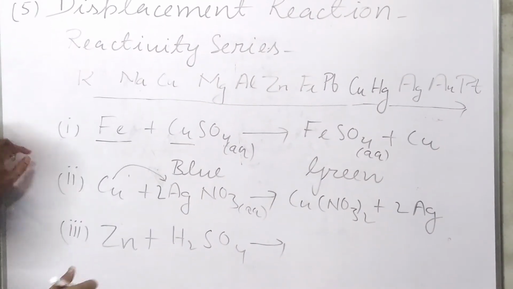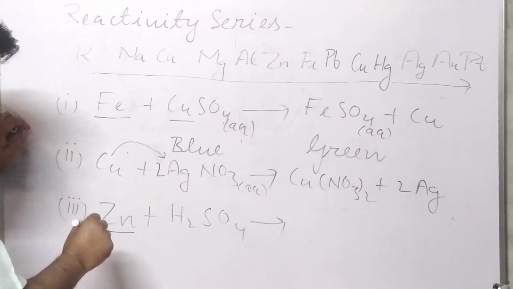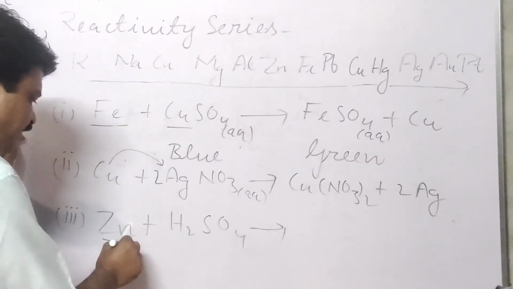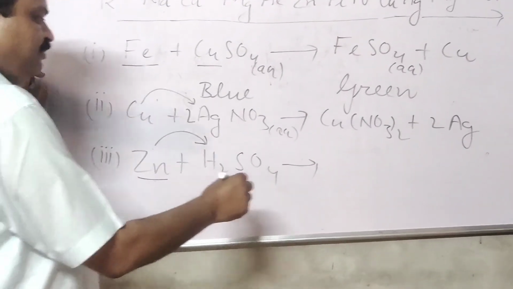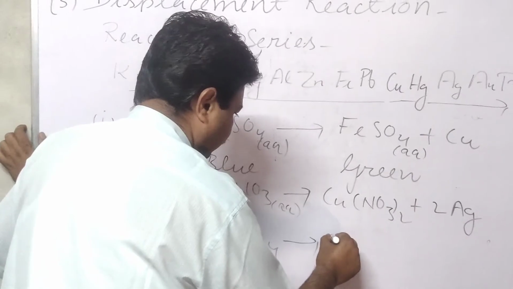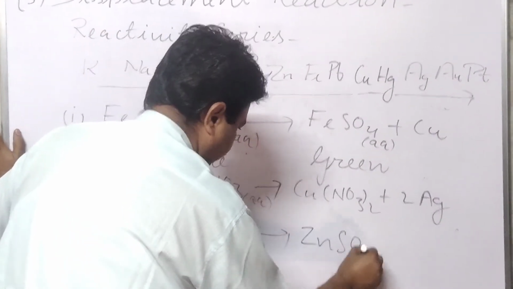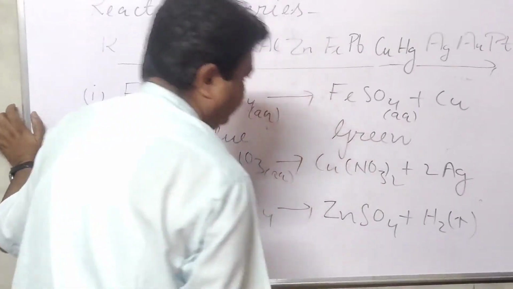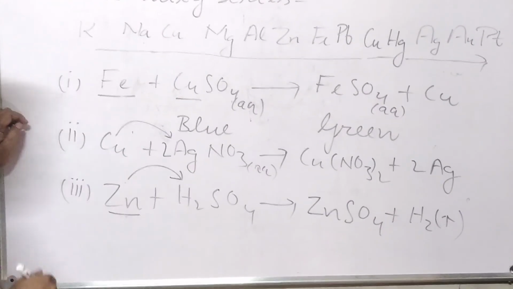Like this, in this reaction, when zinc reacts with sulfuric acid, it displaces the hydrogen, and ZnSO4 plus hydrogen gas is produced. Hydrogen gas will be released here. Now hydrogen will be displaced by zinc. Why, student?